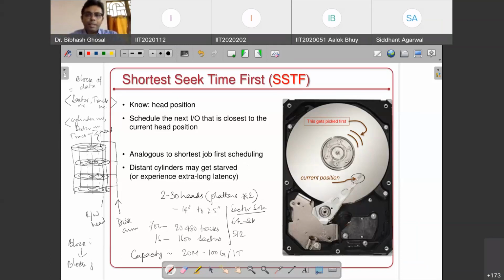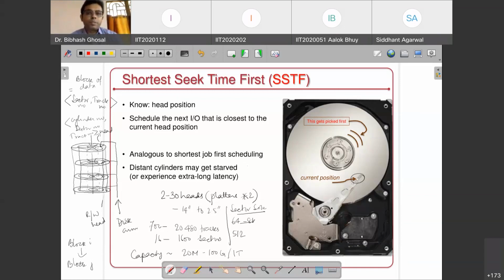Previously your head was below block number I. Now there will be movement in the disk and your head should be below block number J.